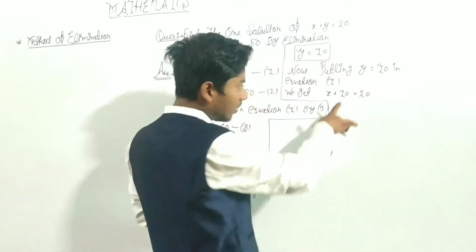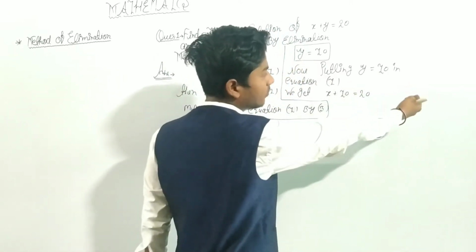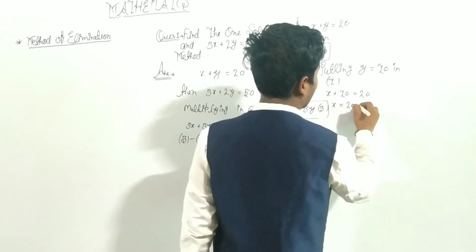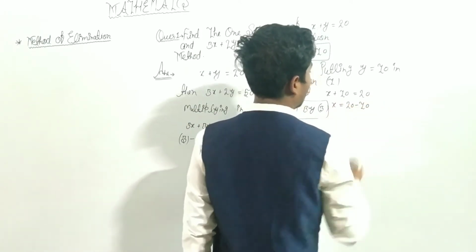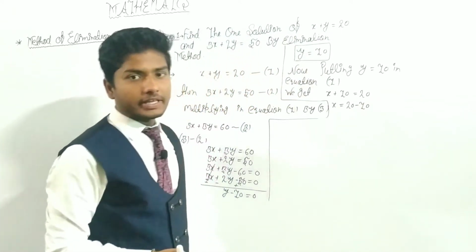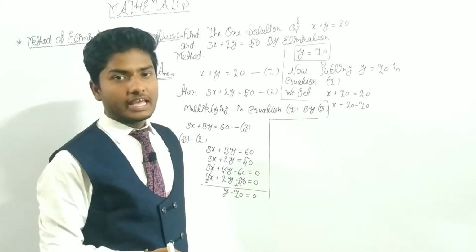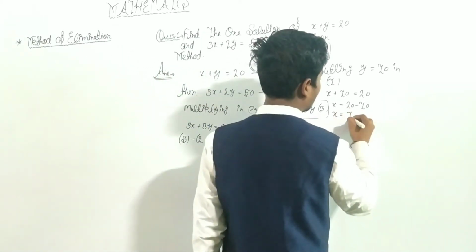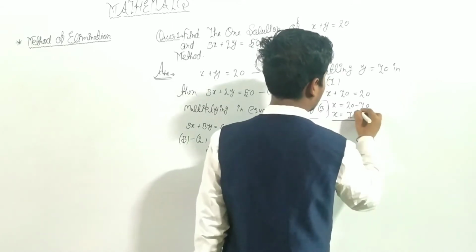Now we take 10 to the other side. Okay, x is equal to 20 minus 10. Then we get x is equal to 10.